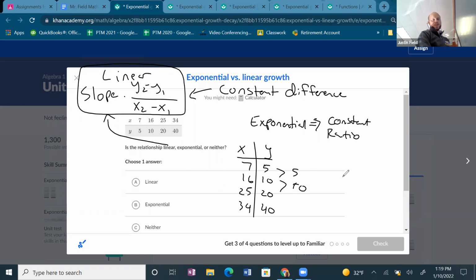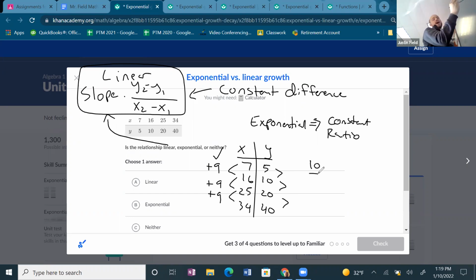But guess what? There's another test, exponential. So for exponential, the first thing we do is we check to make sure that we have a constant difference in the x's. So as you can see, we're adding 9 each time on the x side. So that is the first step. It might be exponential. Now on the y side, what we do is we divide the terms.